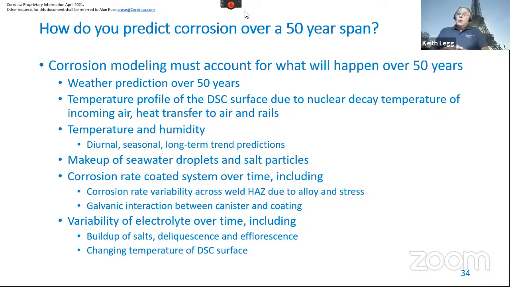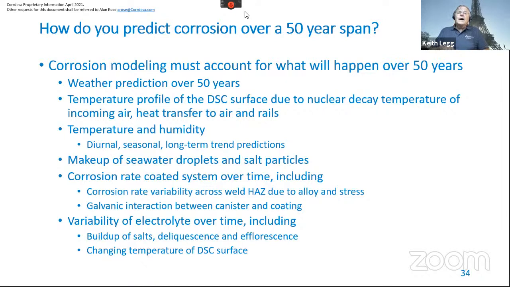If you're near a sea, which is what a lot of these nuclear power stations are near, seawater droplets are going to come in and deposit salt particles on this thing. And then as it cools down, you're going to eventually reach the point where water will condense over it. And then you will put all of those salts, and they're not just sodium chloride, but calcium chloride and other things, into solution.